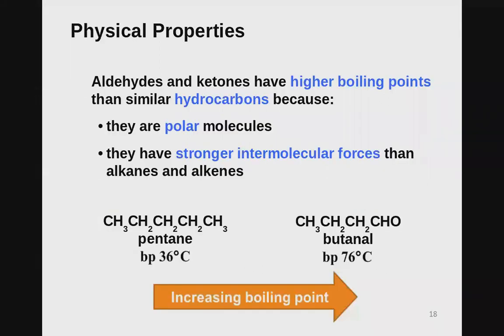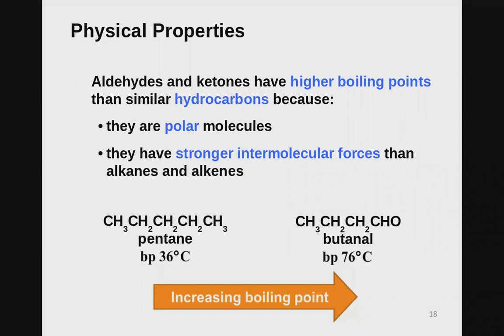So we can give pentane here. So we have our 5-carbon chain. It has a boiling point of 36 degrees. And then we can see butanone, 1, 2, 3, 4 carbons. So we have even one less carbon. But because butanone is a ketone, its boiling point is actually relatively close to water at 76 degrees, whereas the boiling point here of pentane is 36 degrees.